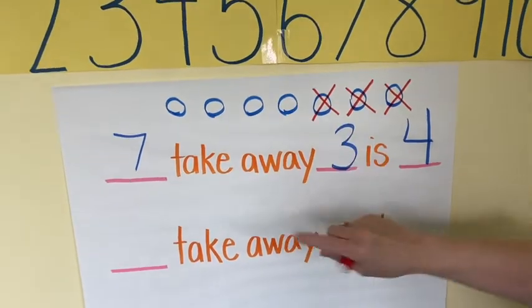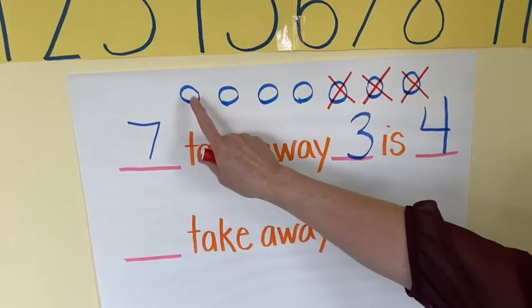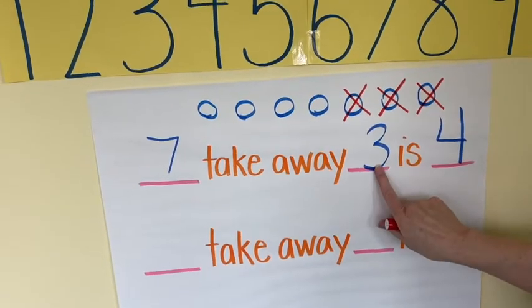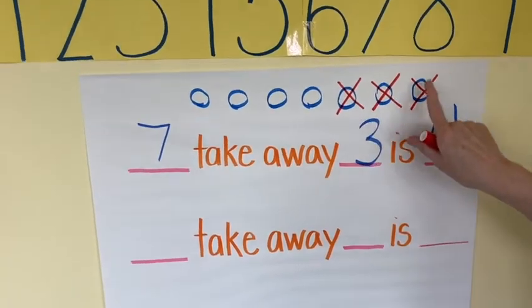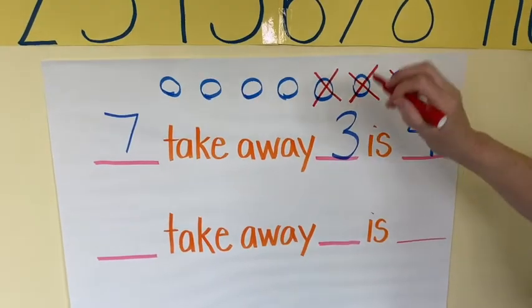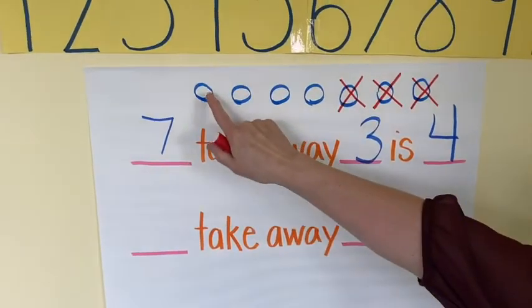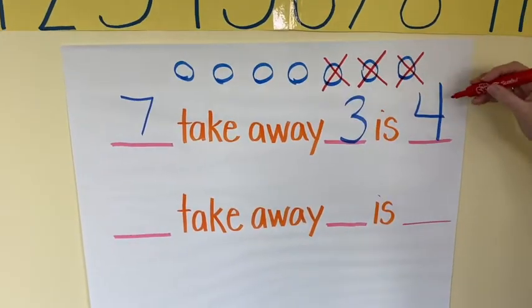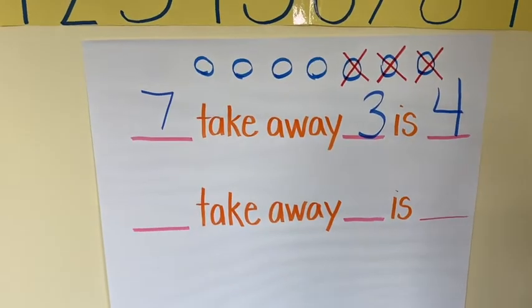So here's my picture now. I had 7 flowers, 1, 2, 3, 4, 5, 6, 7, and I take away 3. 1, 2, 3. So I cross them out. How many are left? 1, 2, 3, 4. And then that matches my answer here, 4.